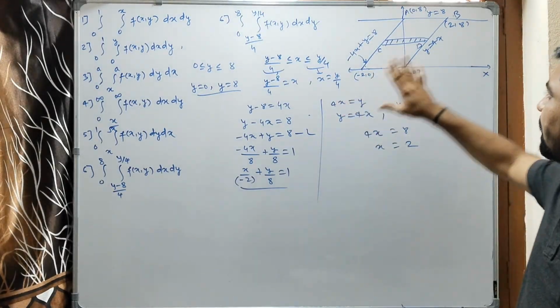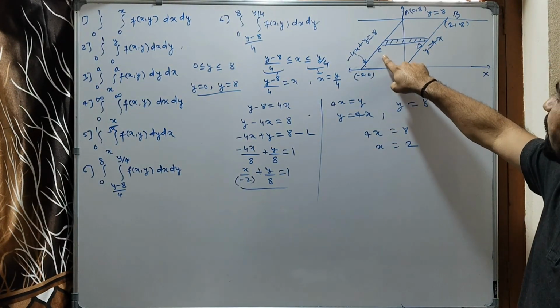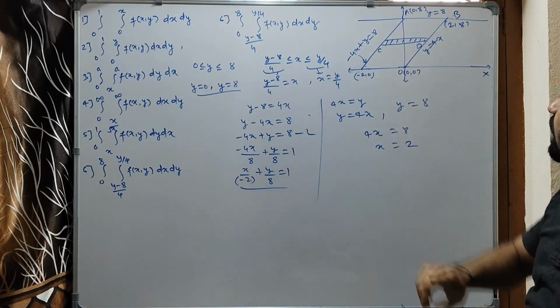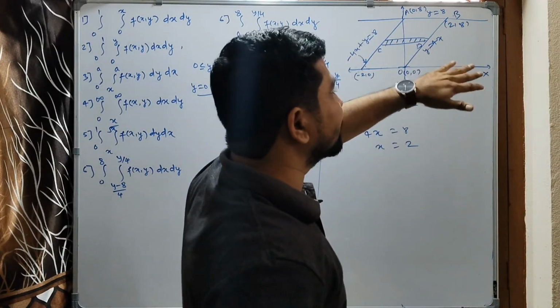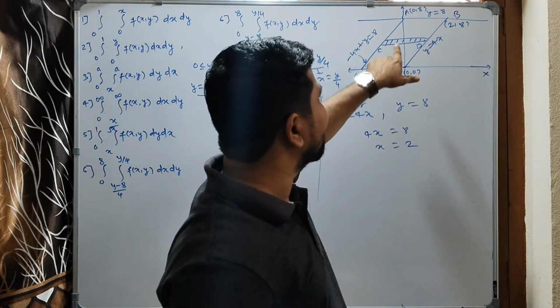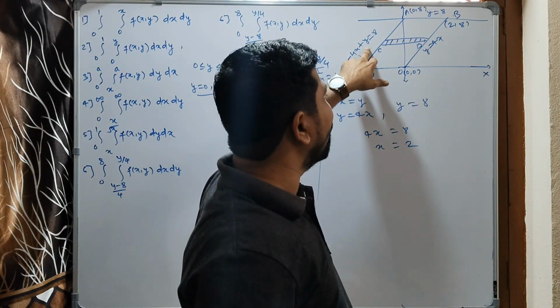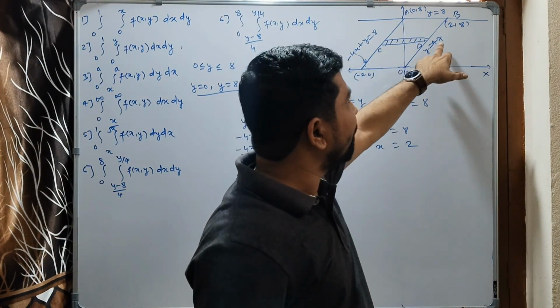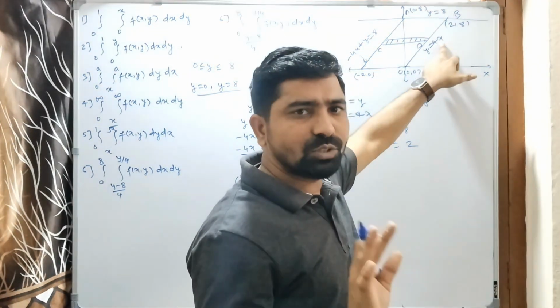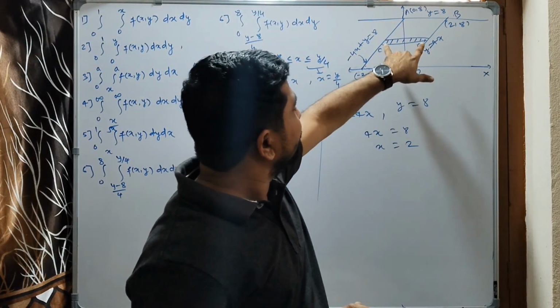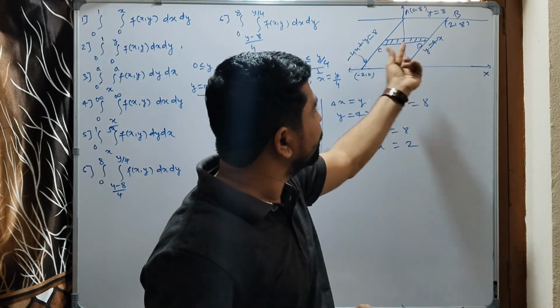Now my horizontal strip CD starts at this line. So here height along the x-axis means the height along the x-axis corresponding to the value of x. So here I want to find the value of x at this point, and I want to find the value of x at this point. Now here, this is my horizontal strip CD.